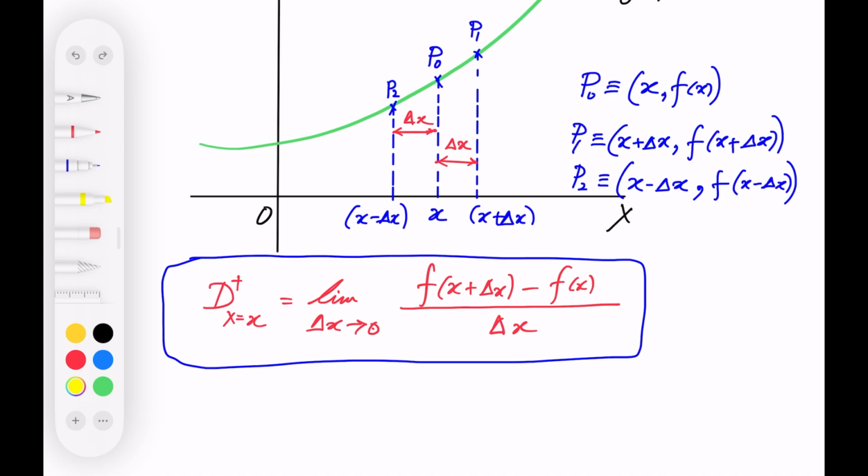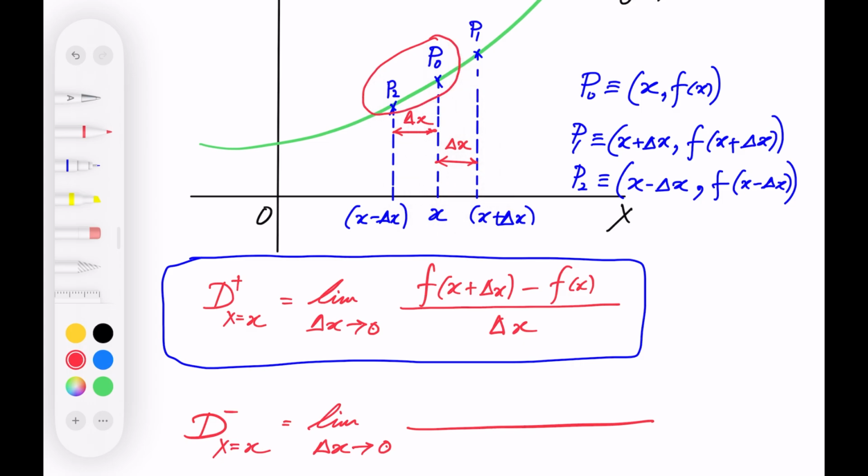Alright, now similarly we will write down an equation for the left differentiability. Left hand differentiability, we write it as d minus at x equals lowercase x. This should be equal to limit delta x approaches 0. The numerator should be, we look at the points p2 and p0.